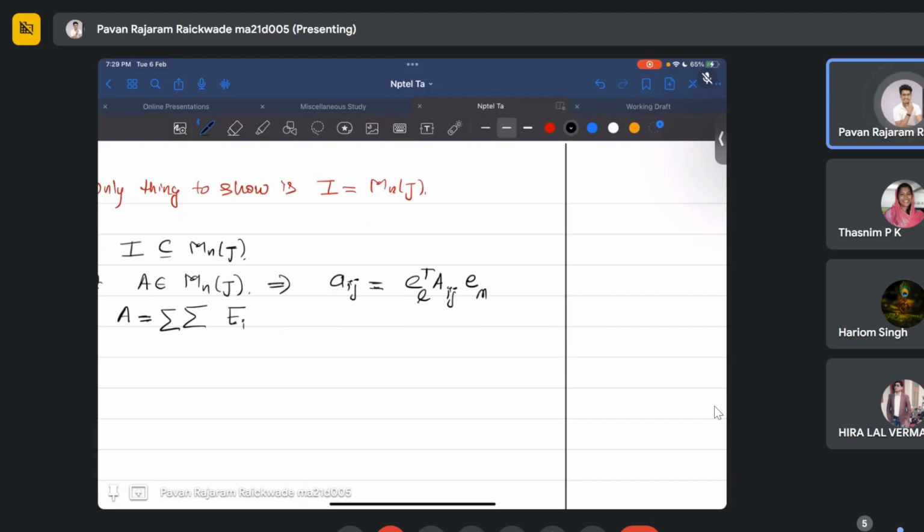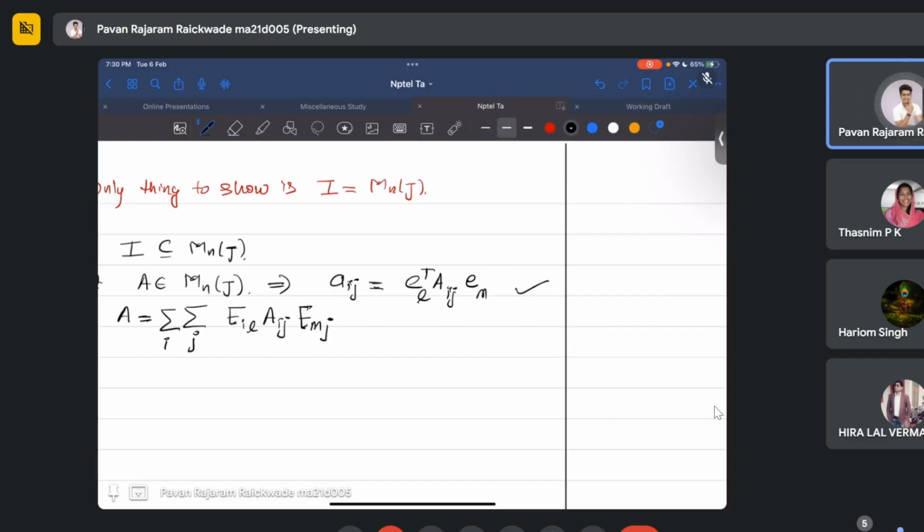So I write A equals E_il times A_ij times E_mj. And this l and m will depend on i and j. This is somehow conceptual. You have to understand really how l and m vary. It's not a variable kind of thing. For every i and j, there exist l and m for which this equation holds. So really the variables here are i and j, because for each entry i and j, you have this thing. So i and j will vary from 1 to n. A can be written as a summation of these matrices.